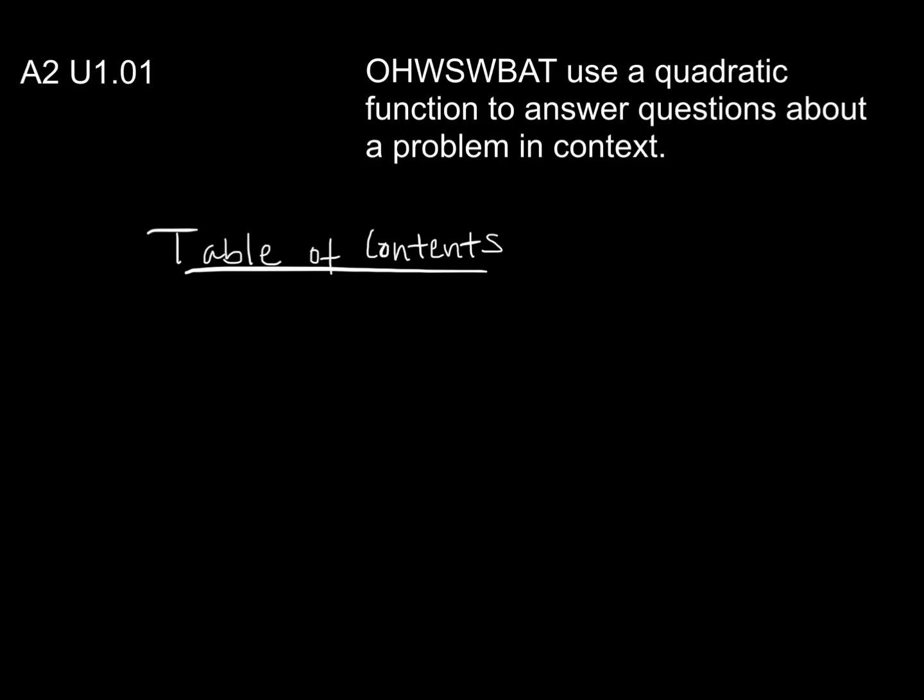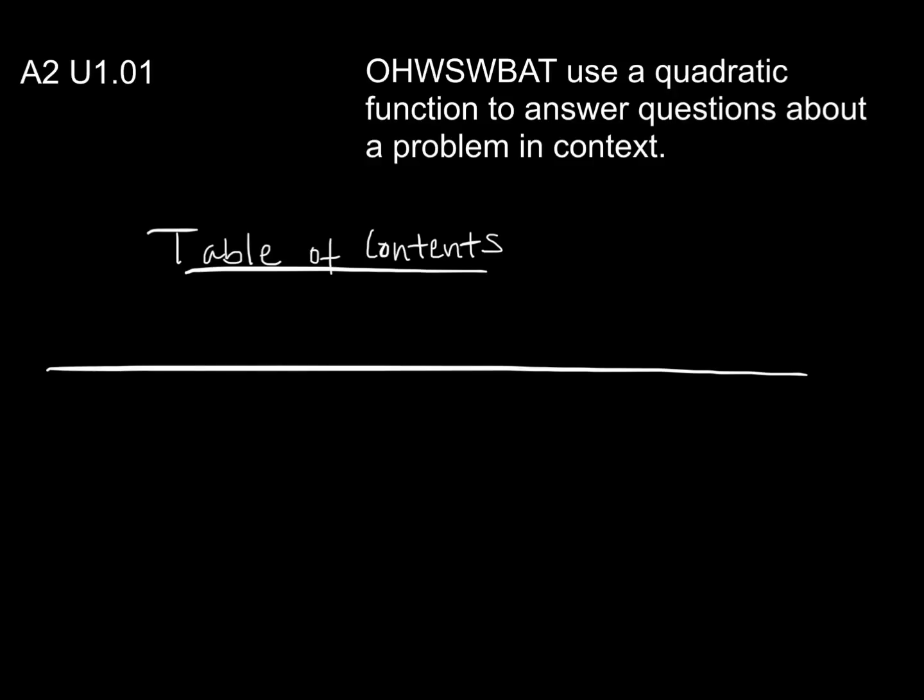So in your table of contents, if you have the first line here, you're going to label it table of contents, and then you're going to write the aim. I'll let you think about what this acronym stands for, and we can talk about it in class. You might have your guesses, but essentially this is what we're going to accomplish in this lesson.